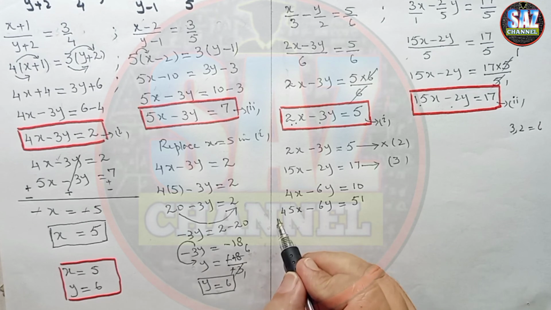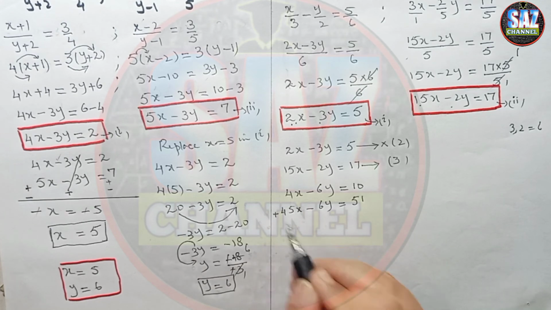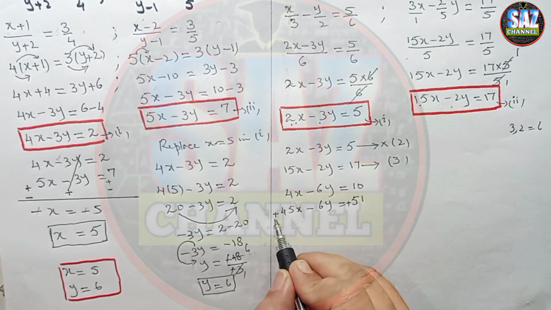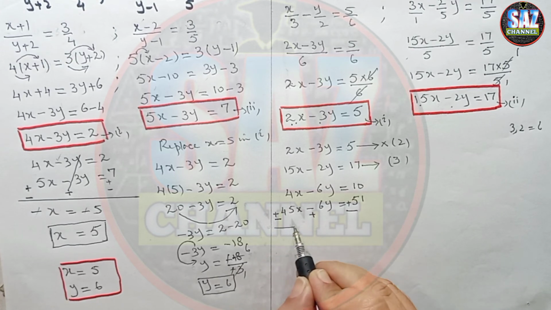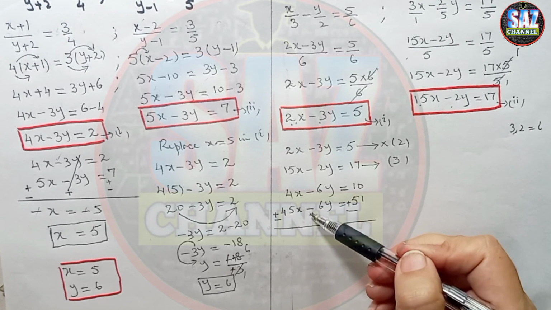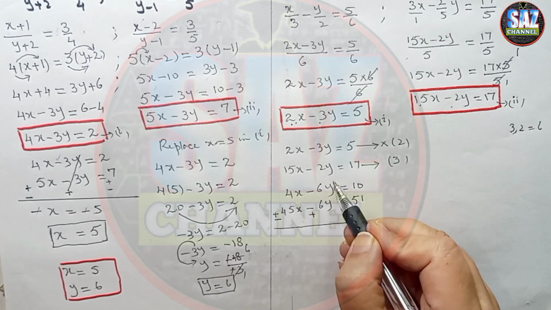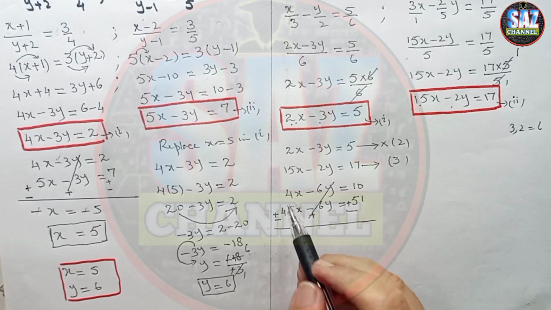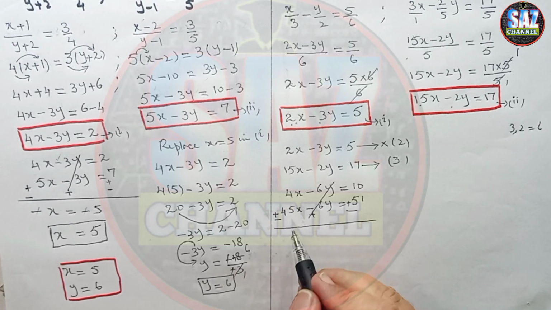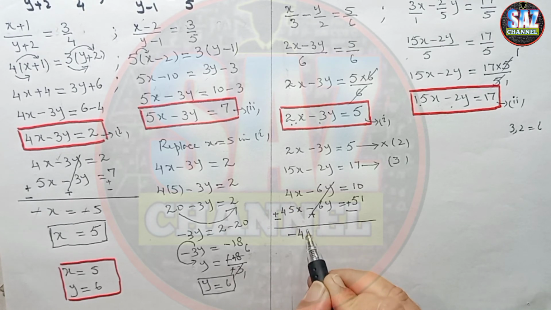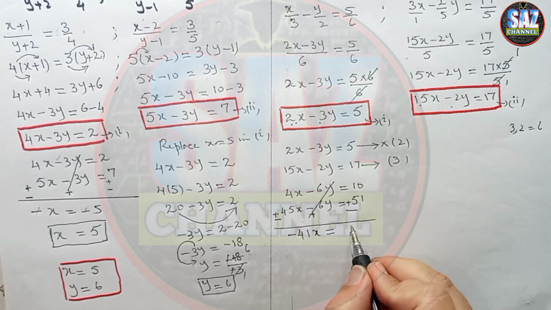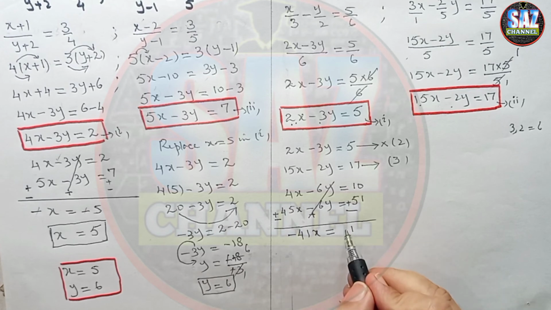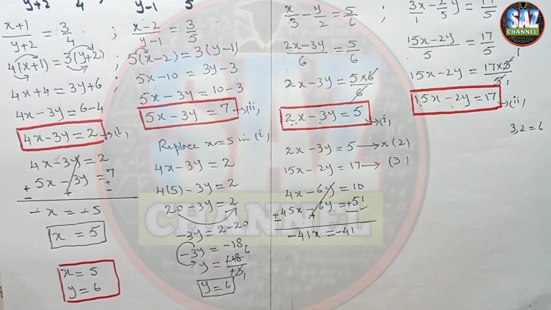Now same coefficient, same sign, so we have to change the sign of the second equation, or we have to subtract the equations, and the equation will take the form. Now minus 6 plus 6 will cancel, the y term will be cancelled, and I will be left with 4 minus 45, that will give me minus 41x, 10 minus 51, which is minus 41, because 51 is larger than 10.